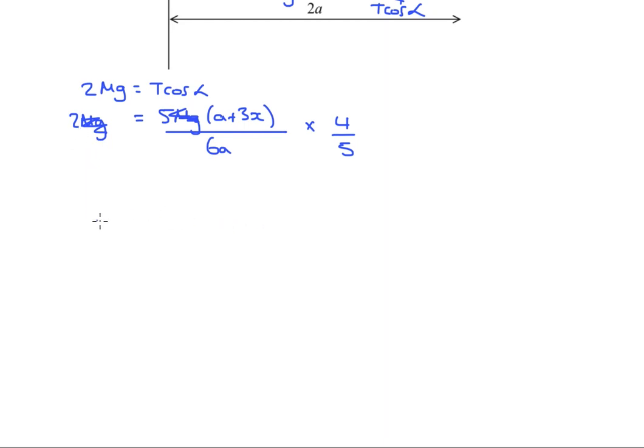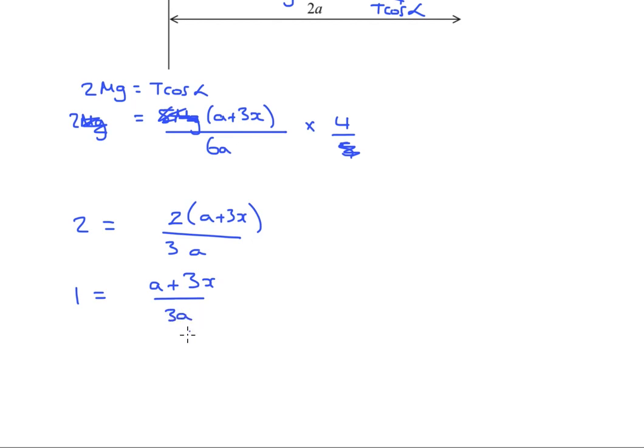We've got 2 is equal to, these 5's are going to cancel as well, and we've got a 4 over 6 here, which we can change to a 2 over 3, times A plus 3x over A. The 2's cancel, these 2's here, so we've got 1 equals A plus 3x over 3A.